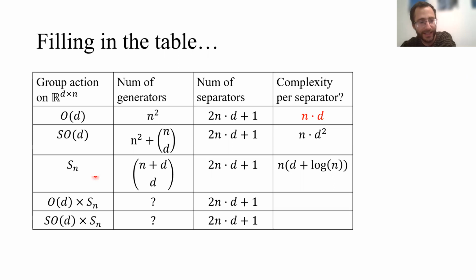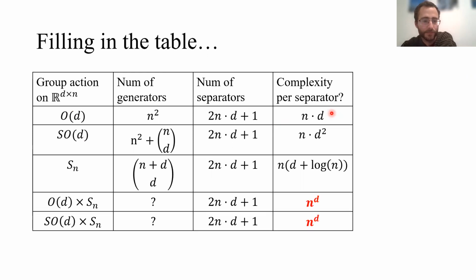In the O(d) case, we'll get something similar. The case where you have rotations and permutations together seems harder. Also, we know that if d and n go to infinity, that becomes as hard as graph isomorphism, so it's not so easy to deal with.